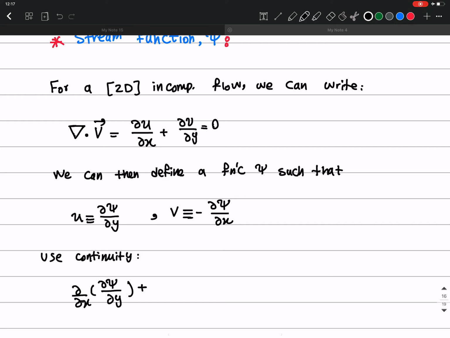And then I have plus partial over partial y of v, which is going to be minus partial psi over partial x. And as you see, this is going to be partial square psi over partial x partial y. And these two terms are going to cancel out, and this becomes 0.